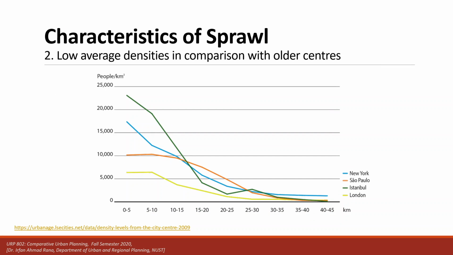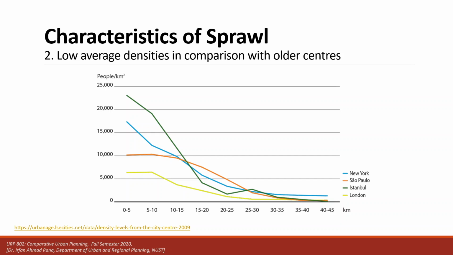Now, the second most important characteristic of urban sprawl is basically the densities. It is also termed as compactness of an area, or consolidation or fragmentation of urban built-up area. It is an element of urban form which shows you the physical imprint of the city.